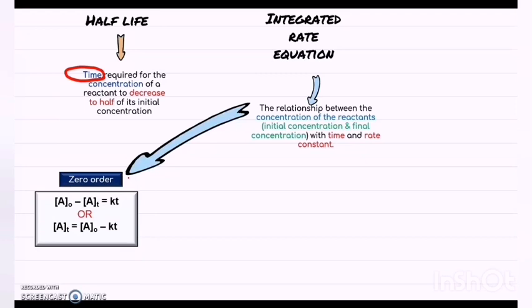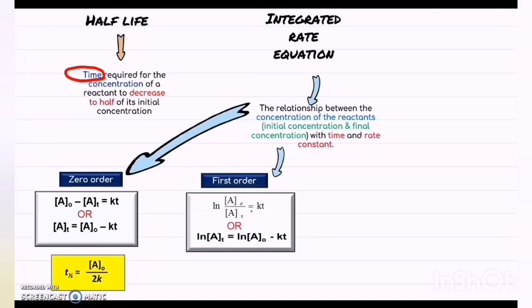From the integrated rate equation, we can know the T half or half-life of the reaction by substituting the concentration of At here with concentration of A naught over 2. As at half-life, the concentration of a reactant will decrease to half of its initial concentration.